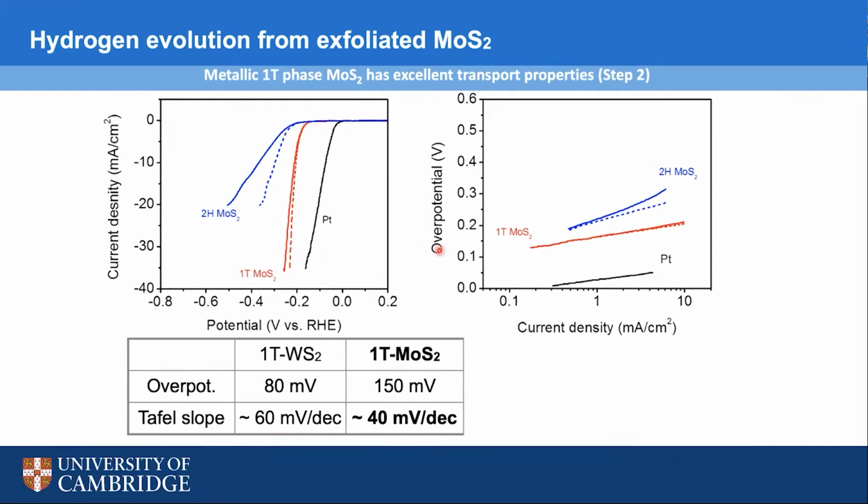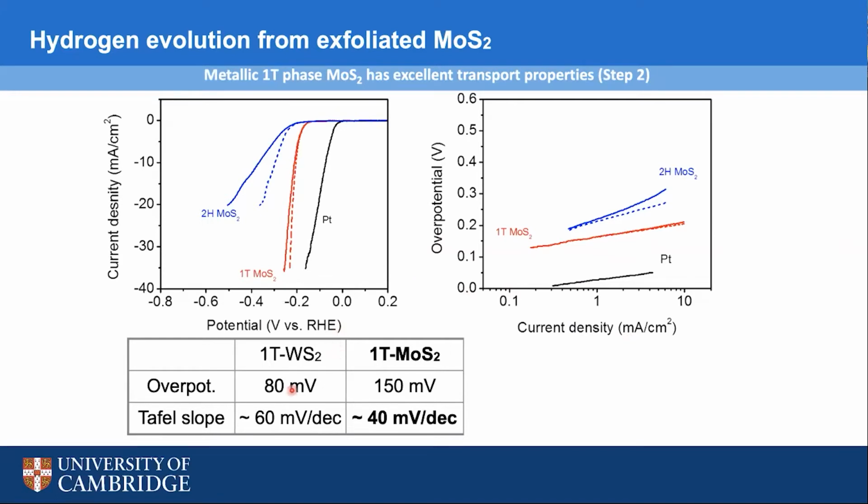We can also, as I'm sure everyone's familiar, replot the same data, overpotential as a function of the current density, to obtain these linear curves from which we can extract the Tafel slope, which tells us about the limiting reactions that occur in different catalysis systems.